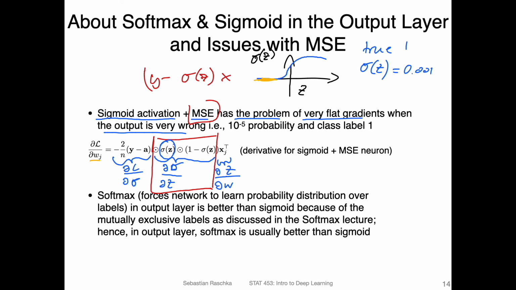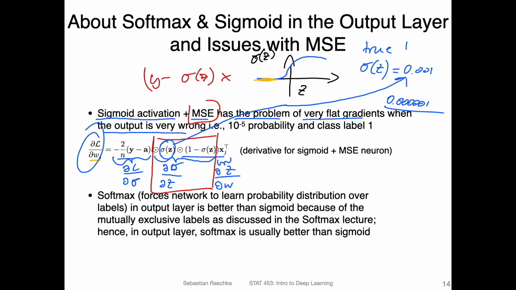Now, if this term is very small, so if we make a very wrong prediction, let's say 0.001, maybe even smaller, let's say 0.000001, then we multiply this very small value with all the other values here, so the whole derivative will become very small, and then we will almost update our weights by nothing. So in that way we can't fix this wrong prediction.